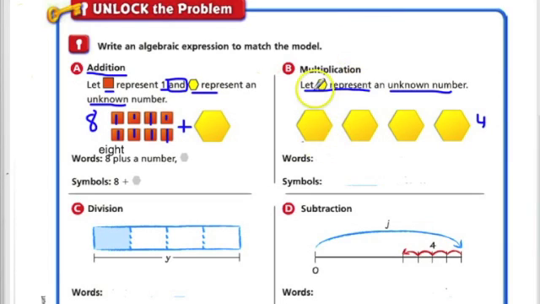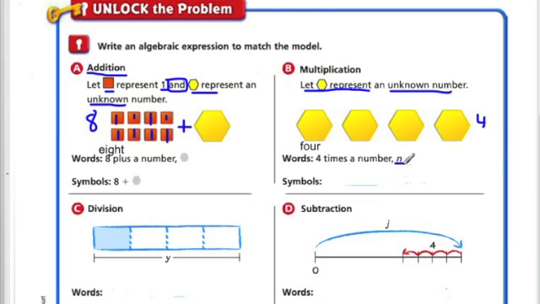Now, notice here that there is a variable written, because I can choose any variable that I want to place here. So for my unknowns, I can choose the variable n. And then I would write my mathematical symbols as 4 times n.